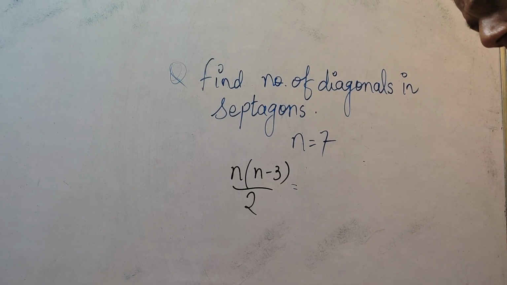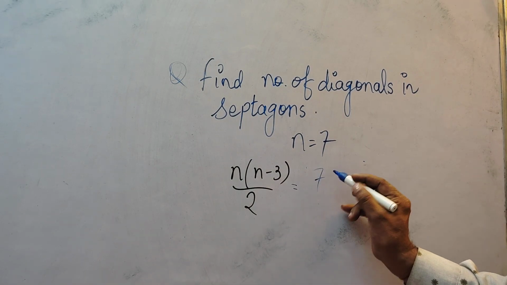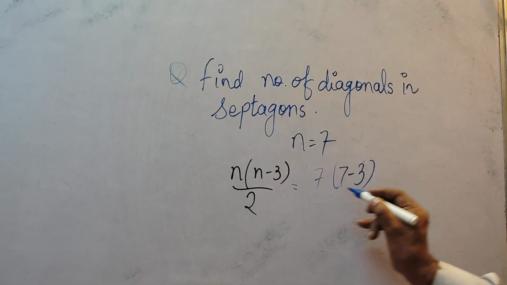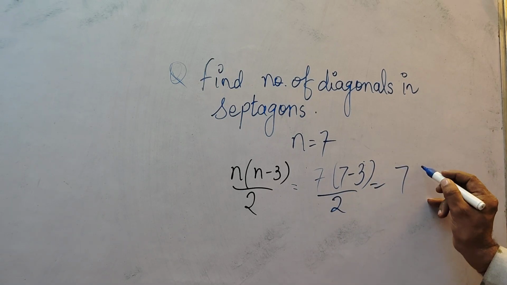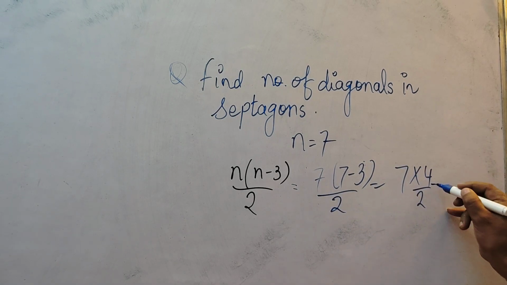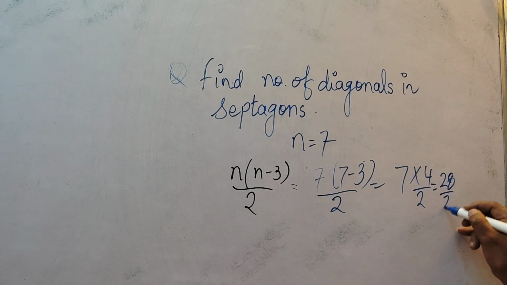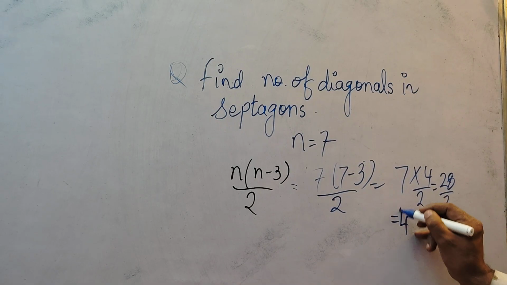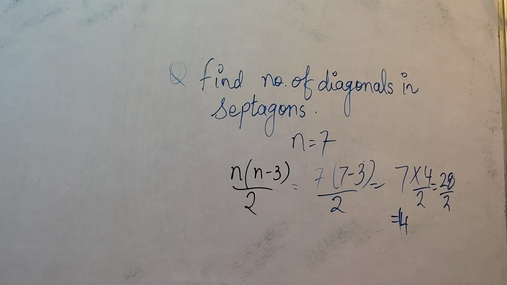Any difficulty? 7 minus 3, that is 4, over 2. Yes, correct. 7 times 4 is 28, divided by 2, 14. So we can calculate this work within seconds.